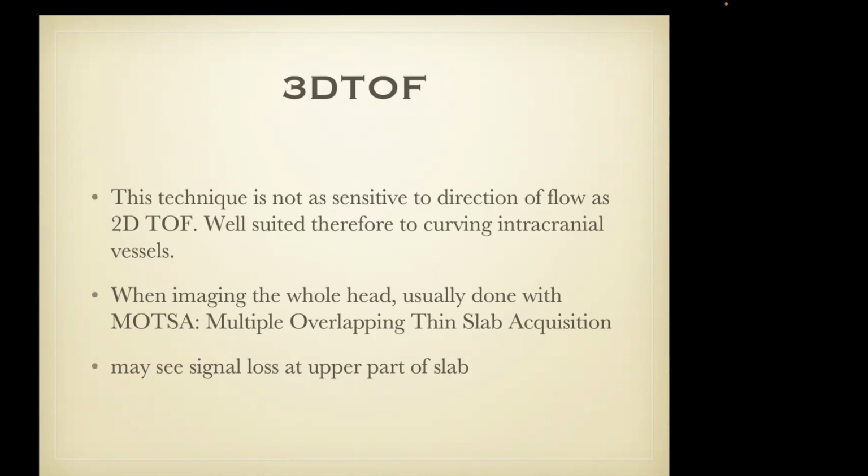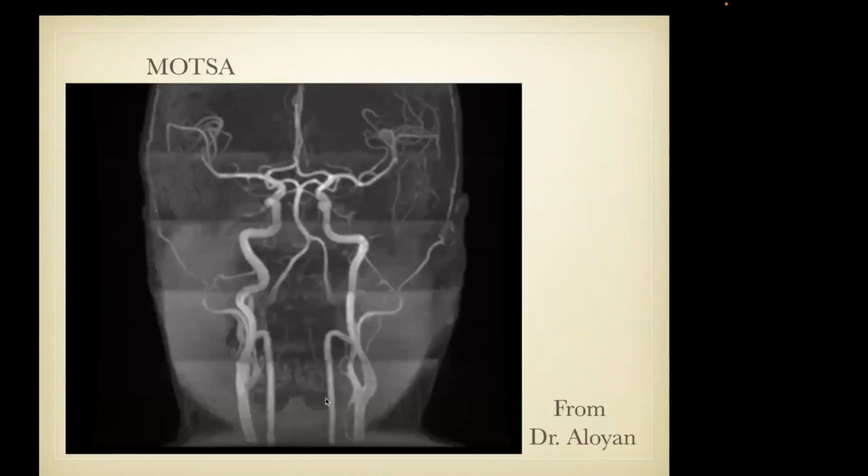So the way people get around that is with this technique of multiple overlapping thin slab acquisition, abbreviated as MOTSA. And in this technique, you can see occasionally loss of signal at the upper part of the slab. This was provided by Dr. Aloyan. And here you can see on this study, which I thought was very nice because of the wide coverage, you can see each slab.